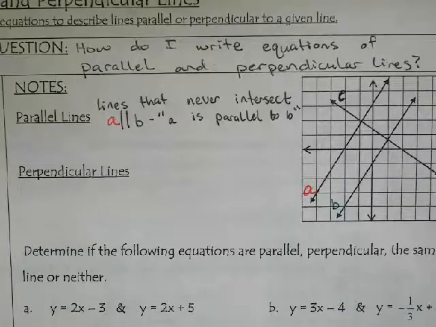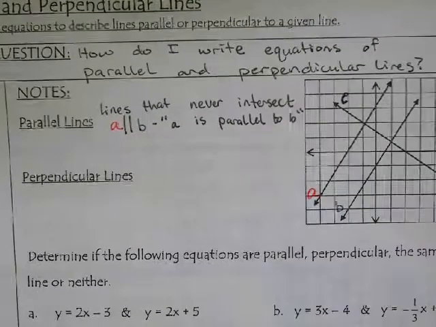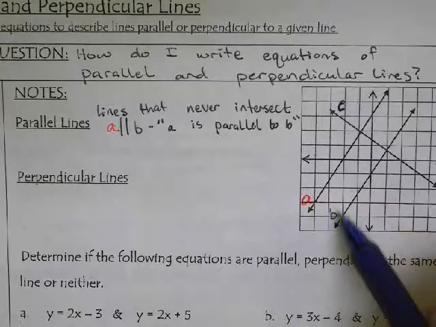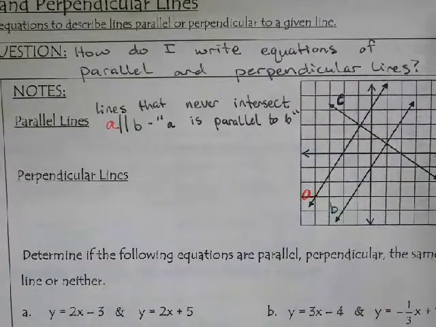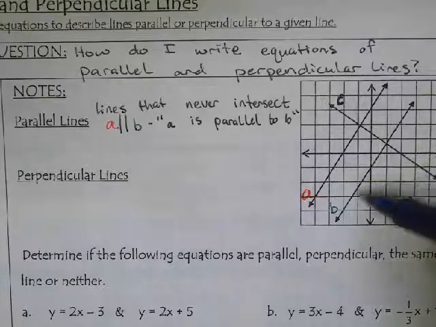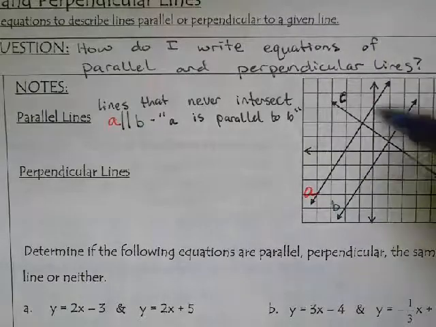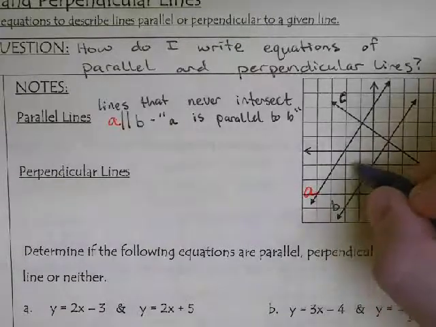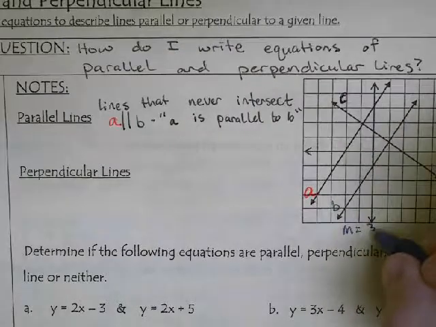Okay, but this is how this ties back into lines and slopes and equations. When you look at A and B, what about them is the same? Well, they don't have similar y-intercepts. Those are very much different. But when we think of y equals mx plus b, they do have the same slope. I can go up 3 and over 2. So the slope for B would be 3 over 2.